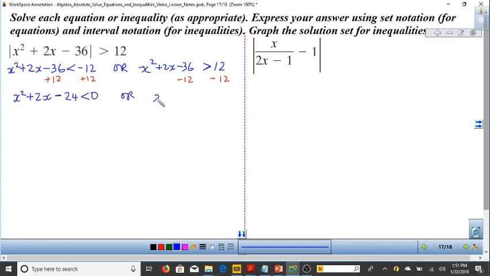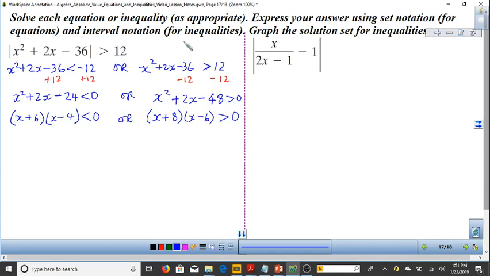And over here we have x squared plus 2x minus 48 is greater than 0. And in this case, we can factor it and find our markers. This one is x plus 6 and x minus 4. And in this case, it factors to be x plus 8 and x minus 6.